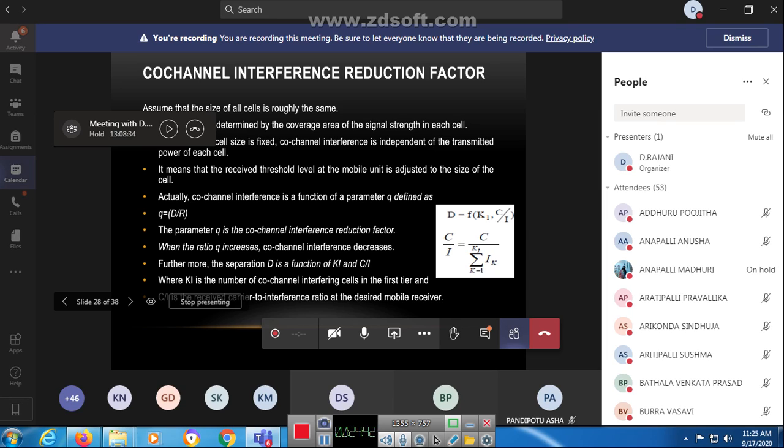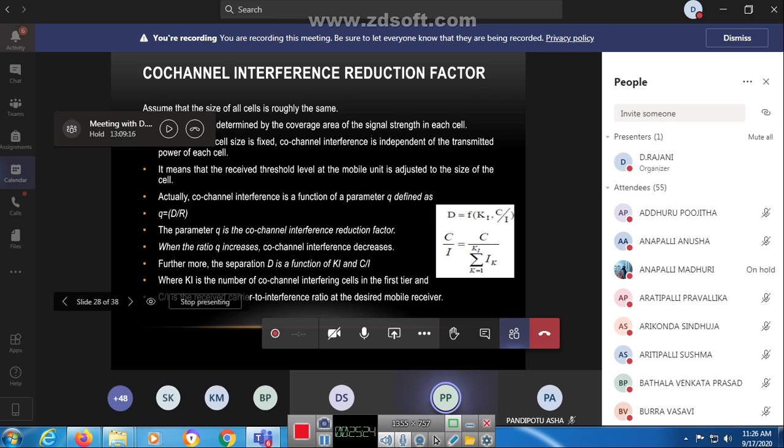We already derived this in the previous frequency reuse concept, where d is the distance and r is the radius. Here, for the co-channel interference, instead of u and v we take k1, and the co-channel interference factor C by I, where C is the co-channel signal and I is the interference, the sum over k from 1 to i of I suffix k.